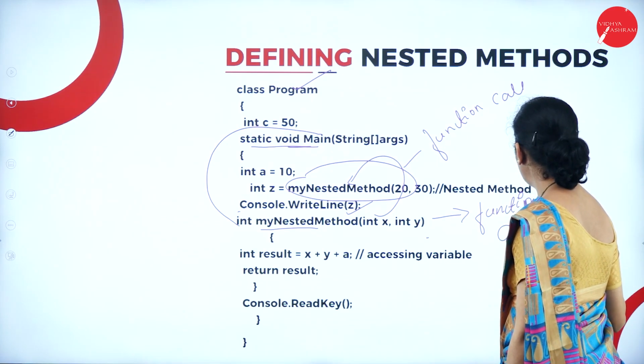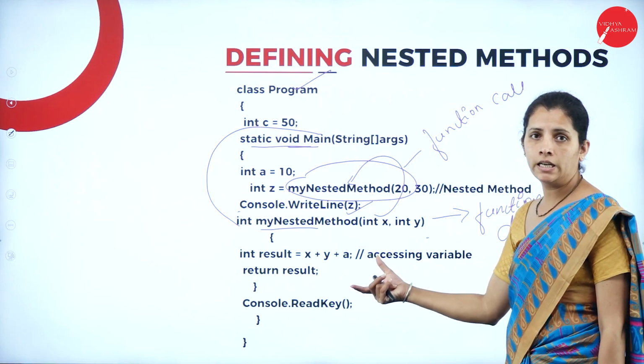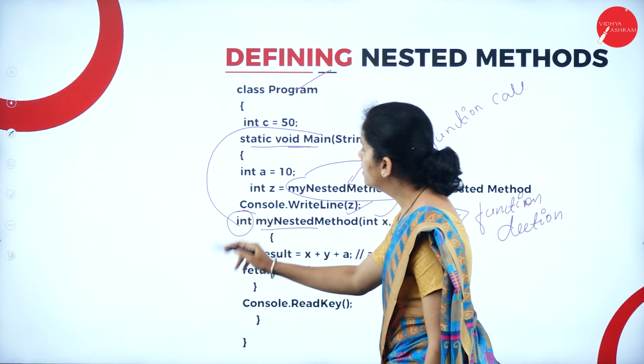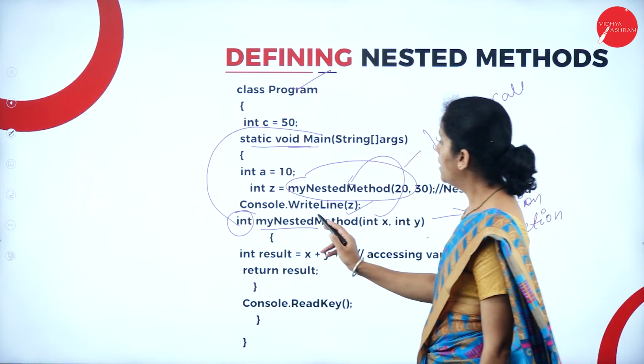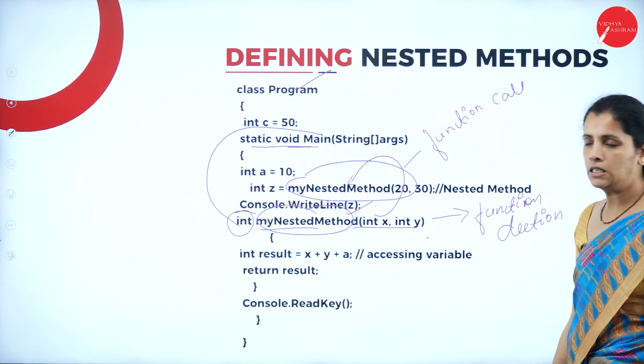What does my method declaration include? That is the return type, method name and parameter list.